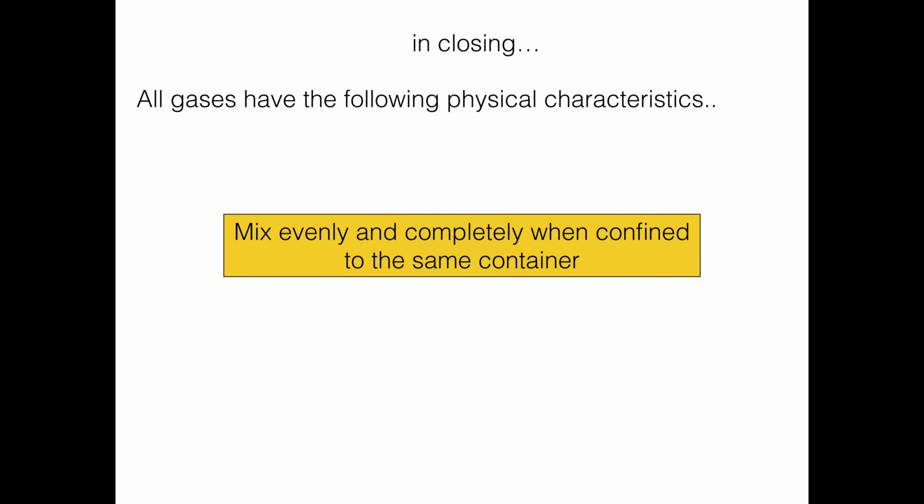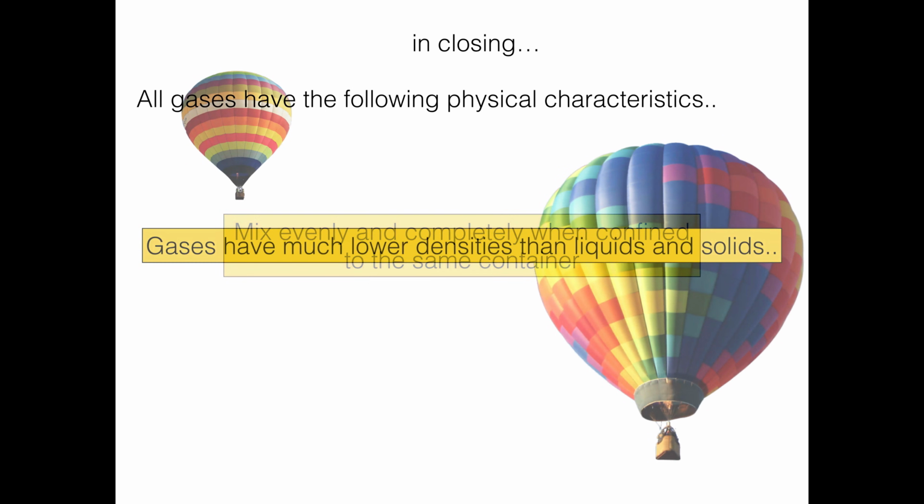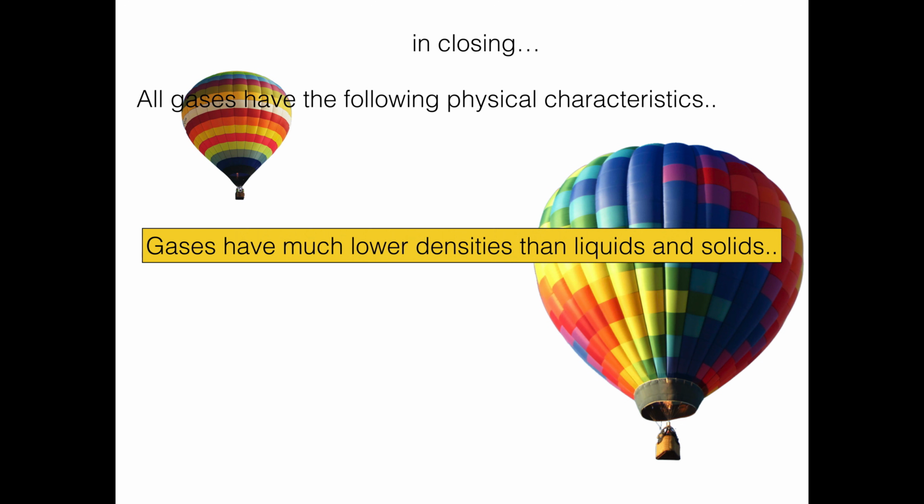Also, they evenly and completely mix when confined to the same container. An example of that would be oxygen tanks or your air tanks when you're scuba diving, okay? And they have much lower densities than liquids and solids. Okay, so they weigh almost nothing.